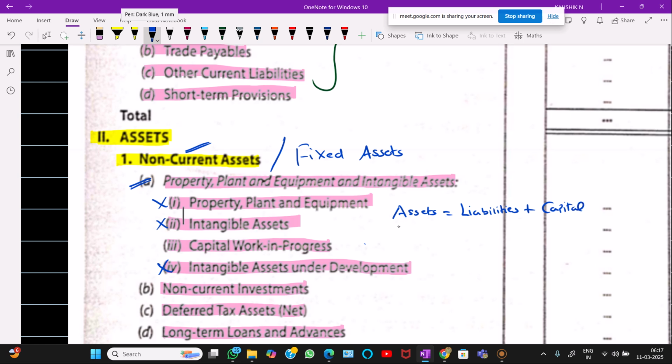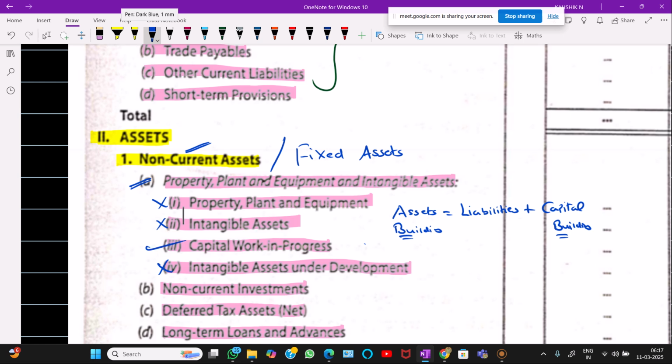So now the building is a part of your capital. Building is a part of your capital, am I right? You're bringing a building or you're constructing a building, that's going to be a part of your capital contribution, am I right? Yes, sir. So that means building work in progress is capital work in progress.